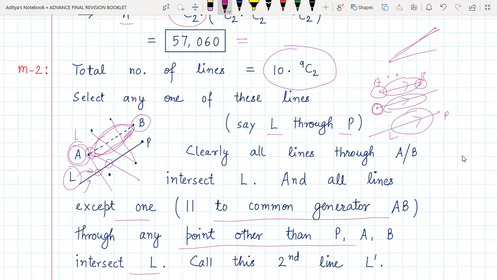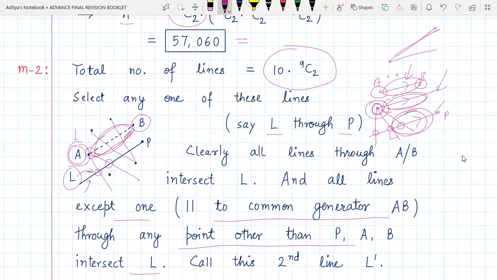But apart from this line, all lines from this point will also intersect L, because the only case when both these lines can be parallel is when they have a common generator line, as we have already discussed in observation 3. So the common generator line is AB here.